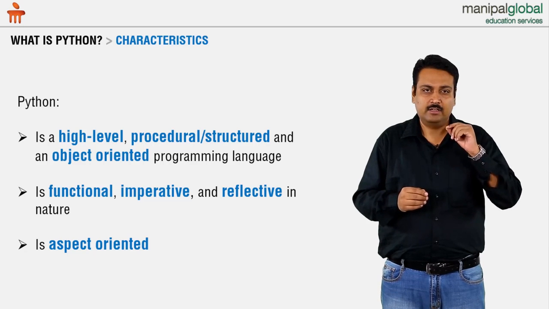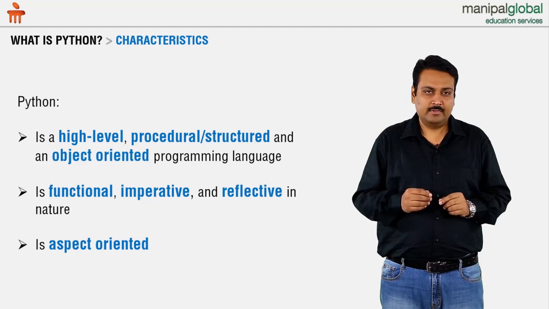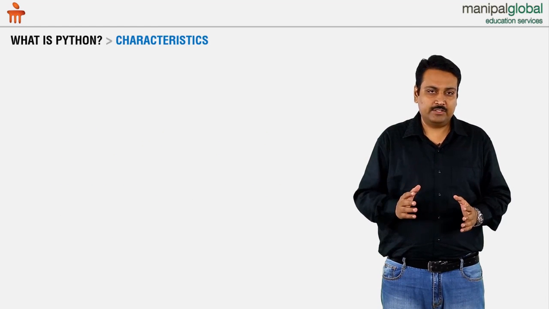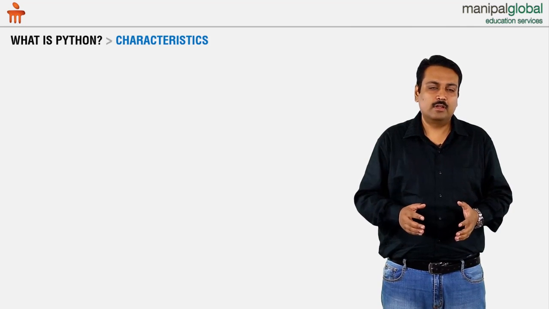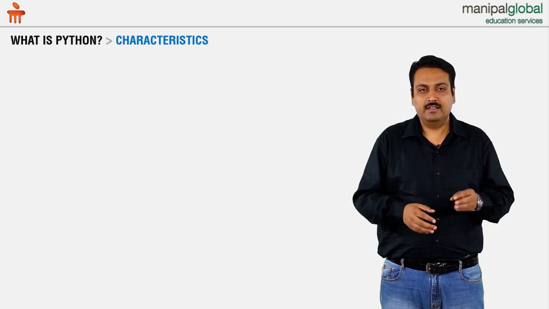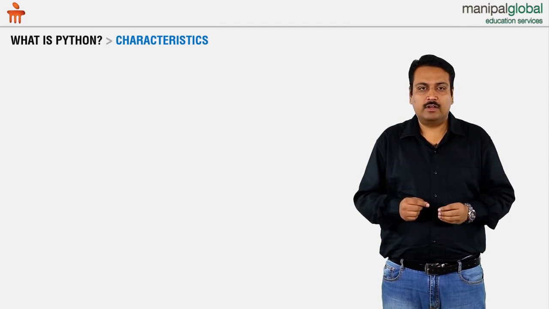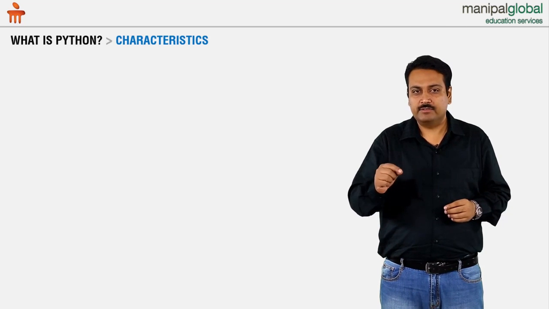Now let us also understand the other aspects of Python. Python is a programming language where when we compile the code, there is no byproduct that is generated, in the sense that if we compile the code of C++, it is going to generate a .obj file.